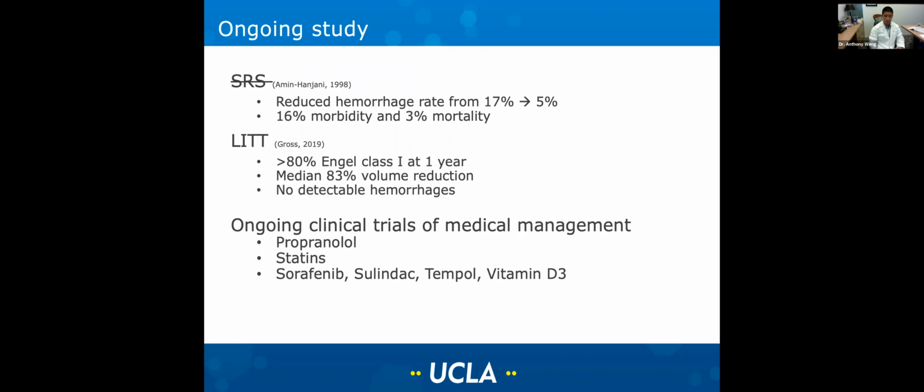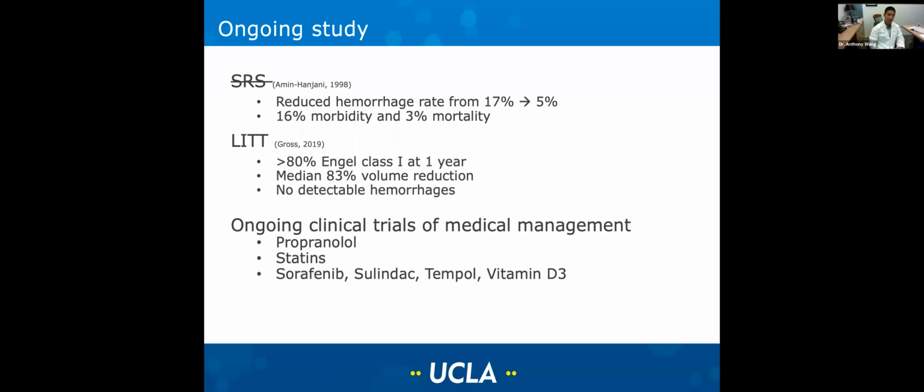But some of the ones that you'll hear about most prominently are ones involving propranolol, and then a couple of trials testing the utility of statins, a commonly used cholesterol control medication.